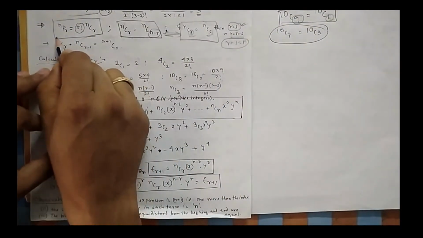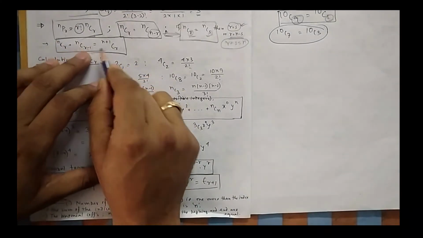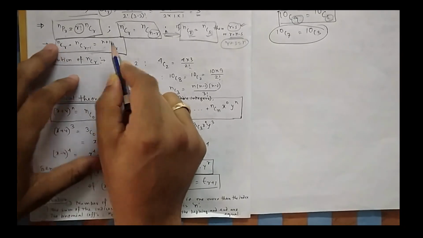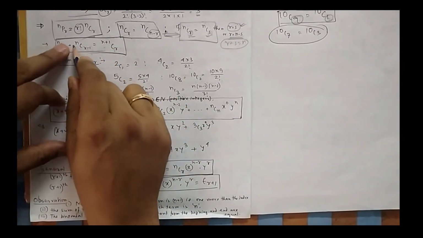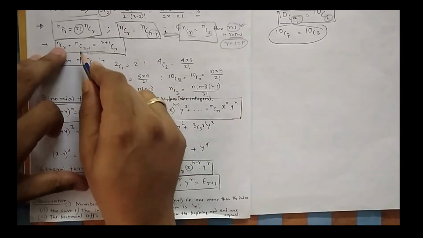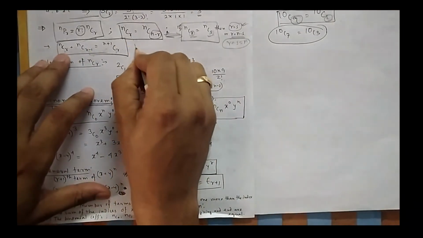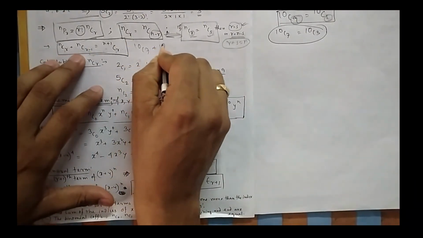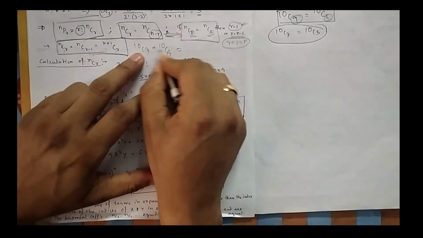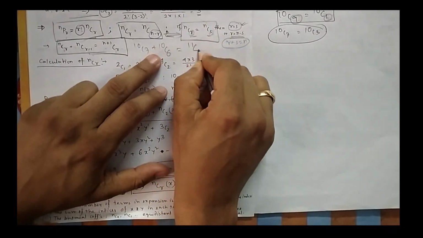This one you try to remember, we will prove it later: nCr plus nC(r minus 1) equals (n plus 1)Cr. That is, if you are adding 10C7 and 10C6, what will you get? You will get a little higher. I am not going into the proof, I am giving it just to remember. You are adding consecutive terms, so it will go 1 up, that is 11C7.